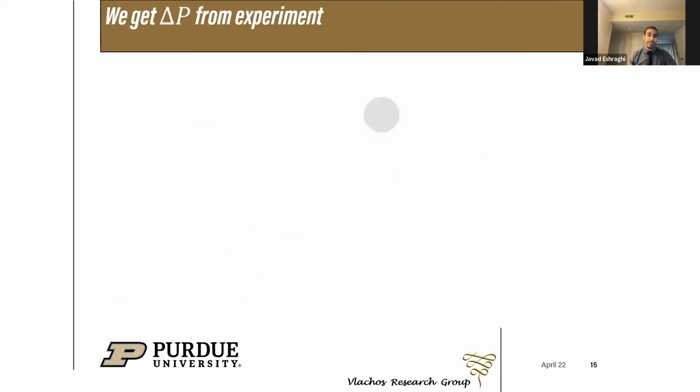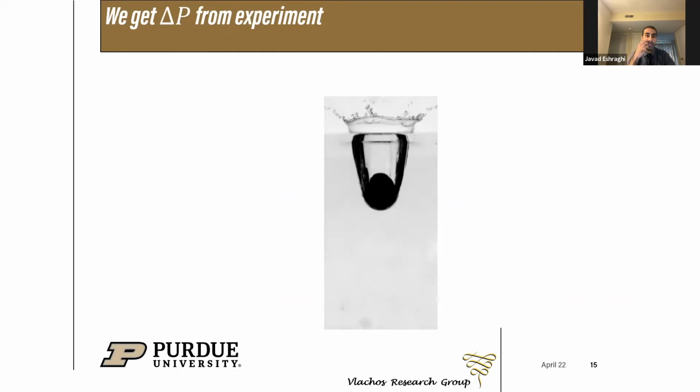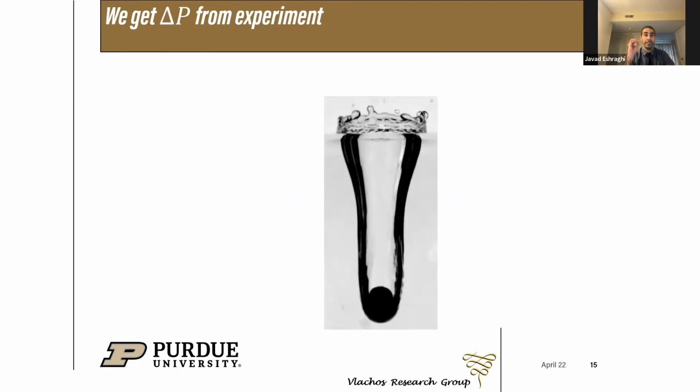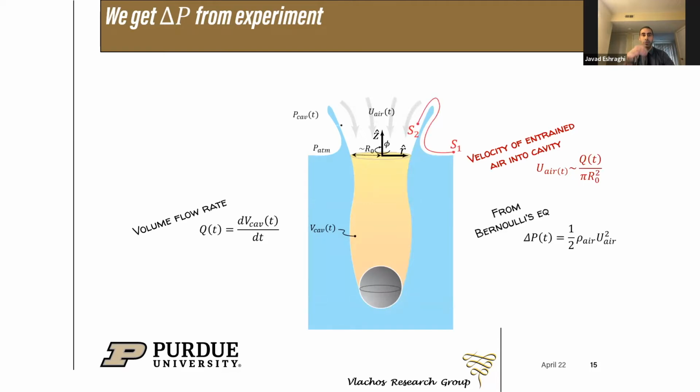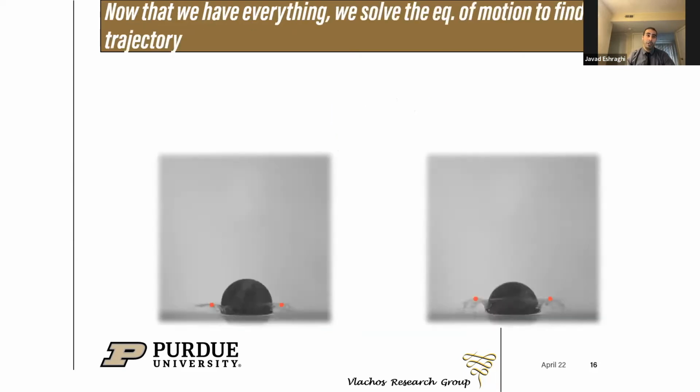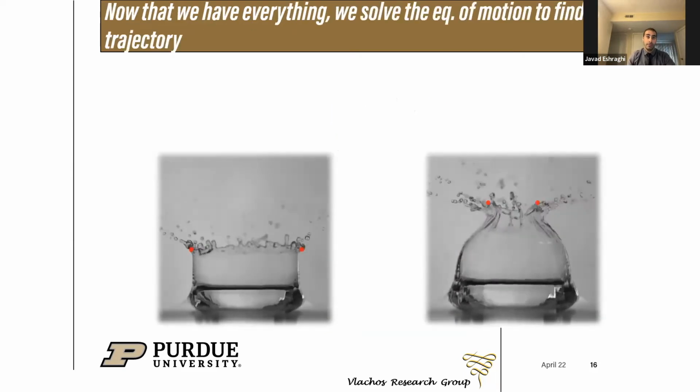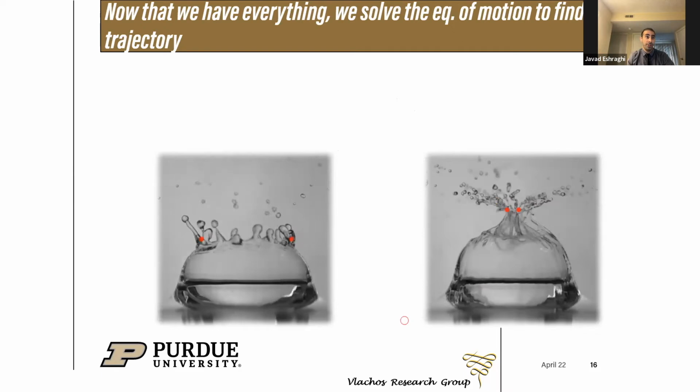So we took a data assimilation approach and decided to look at the changes in the cavity volume, which is formed behind the spheres, and write Bernoulli's equation to find the pressure difference based on the airflow velocity rushing into the cavity. So after updating the pressure difference force, we solved the equation of motion to find the rim trajectory. And as the videos show, the model predicts the rim trajectory well.